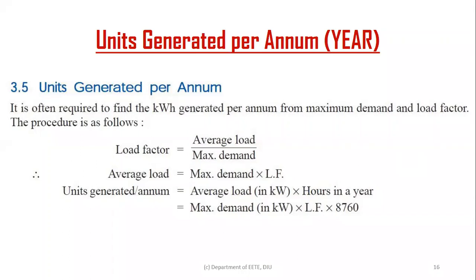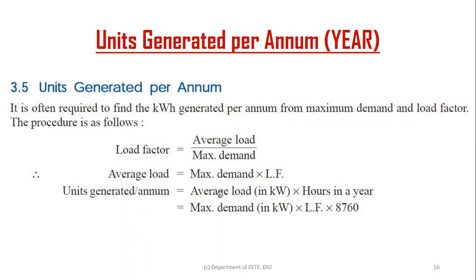So average load will be maximum demand into load factor. The average load is the capacity in an hour, so if we multiply the hours in the year with the average load, we get the units generated in the whole year. That's why the average load is multiplied with hours in the year.